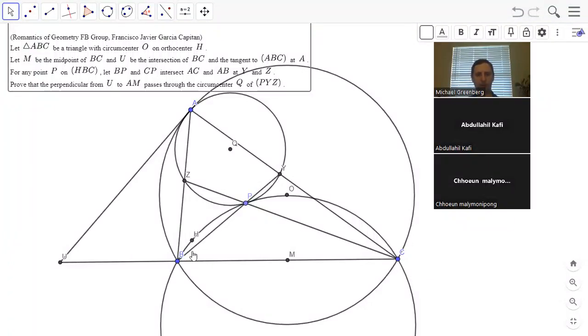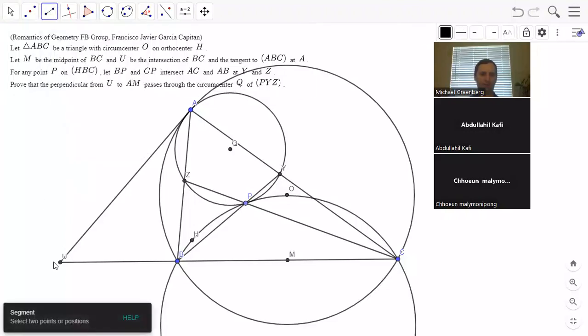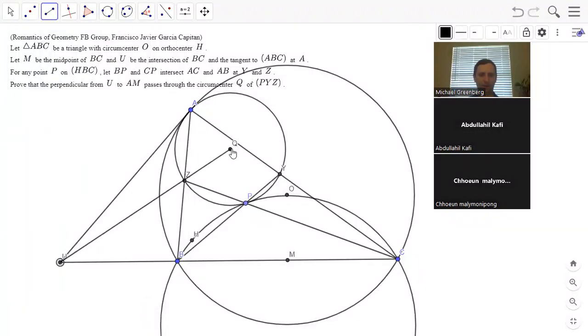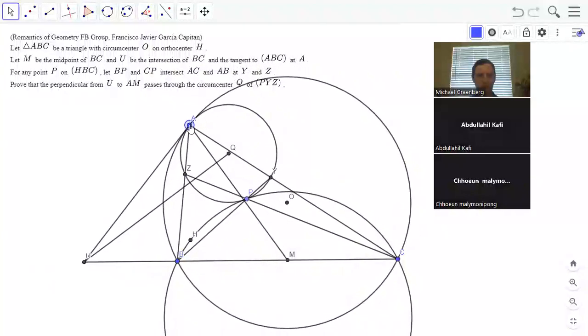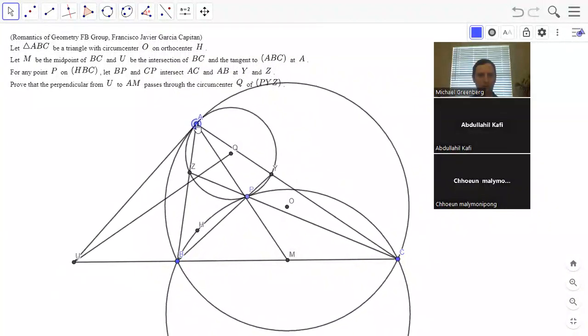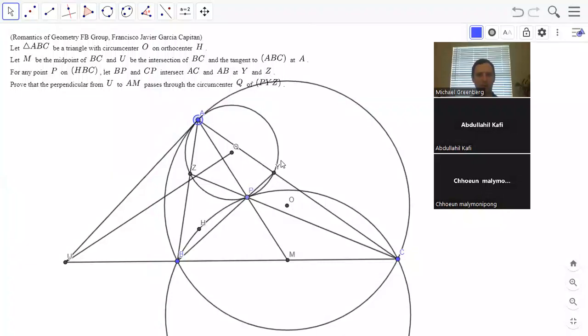And the reflection of H over BC lies on the circle. So that would be BH'C, which would be 180 minus angle A. So that's why this is cyclic. Let me draw it. This almost looks like it passes through Z. I think that's a good picture.